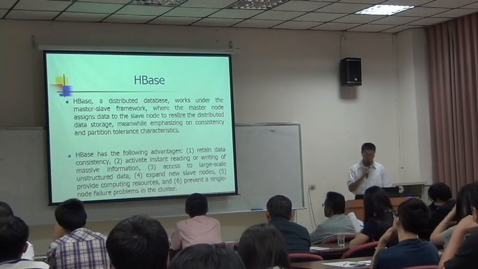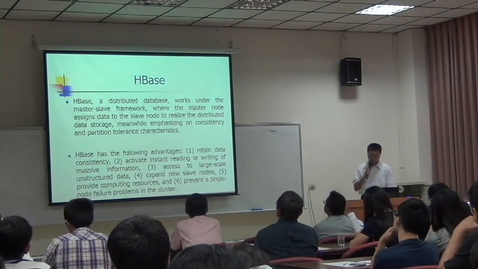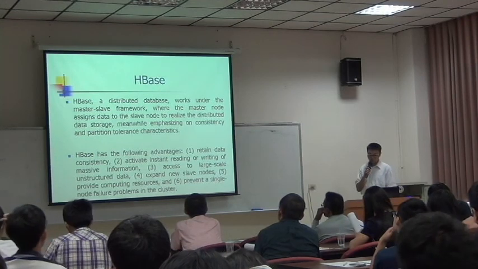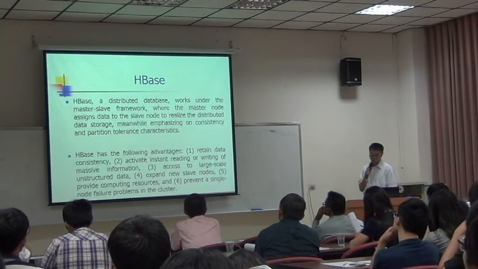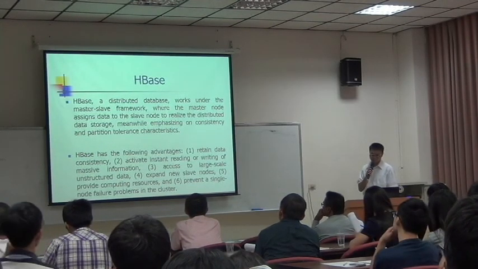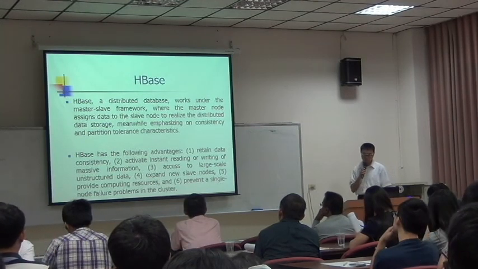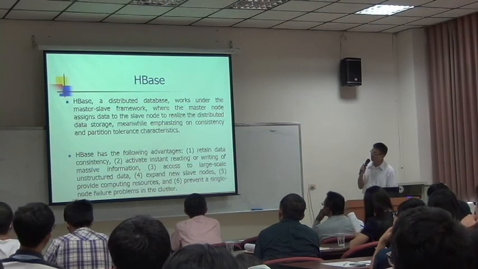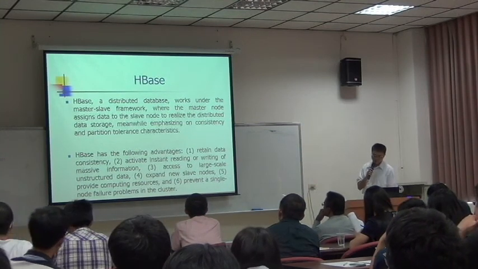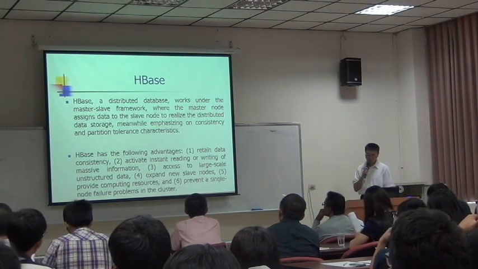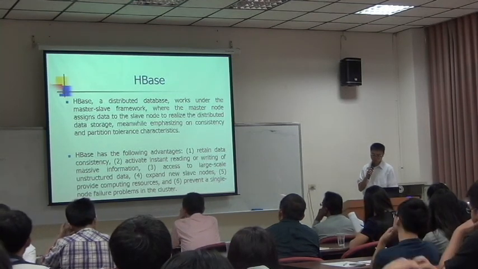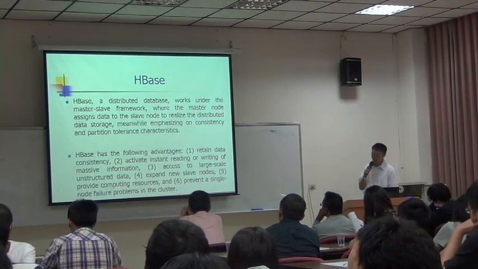HBase, a distributed database, works under the master-slave framework, where the master node assigns data to the slave nodes to realize distributed data storage, meanwhile emphasizing consistency and partition tolerance characteristics.